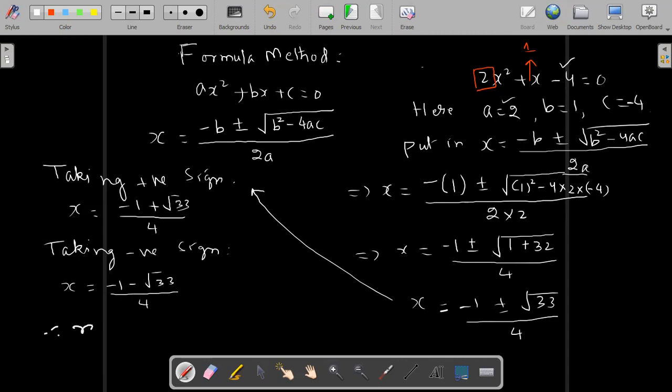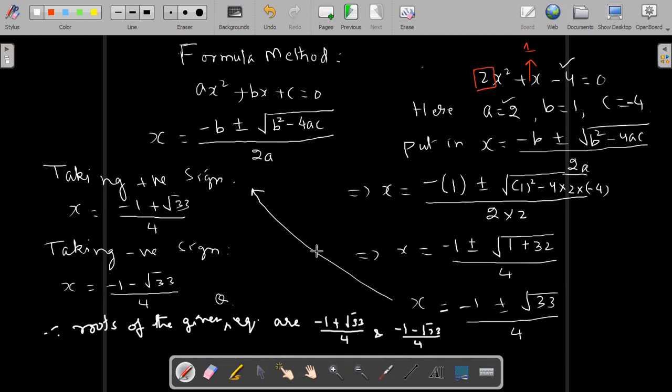Therefore, the roots of the given quadratic equation are: first root is minus 1 plus under root 33 divided by 4, and second root is minus 1 minus under root 33 divided by 4.